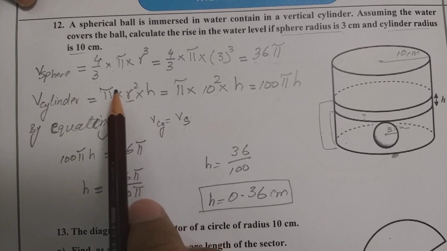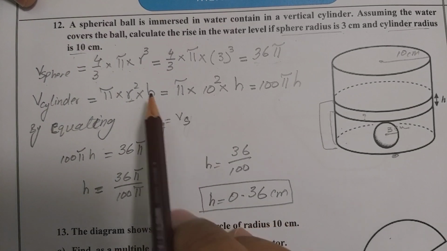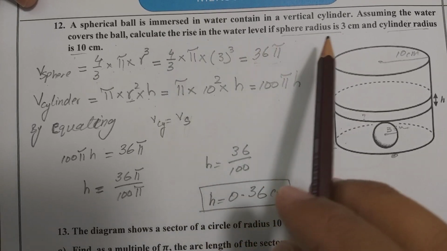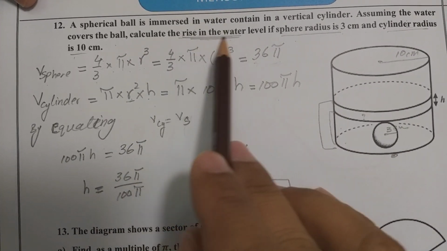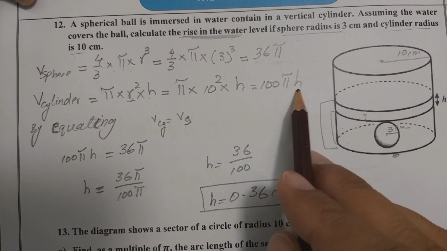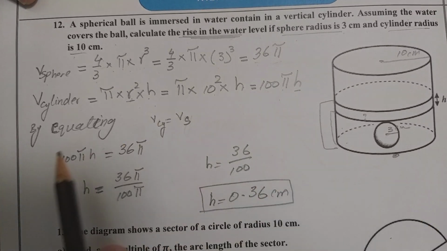Here we are given the radius of the cylinder is 10, so replace r by 10, and we need to find the height, the rise in the level of the water, so we need to find h. I just consider this is the height, so 100 pi h.